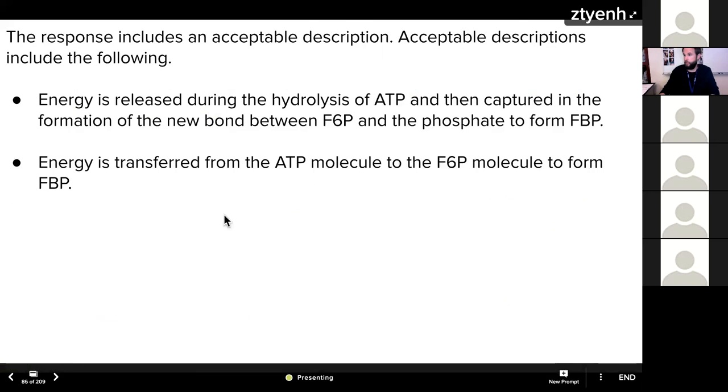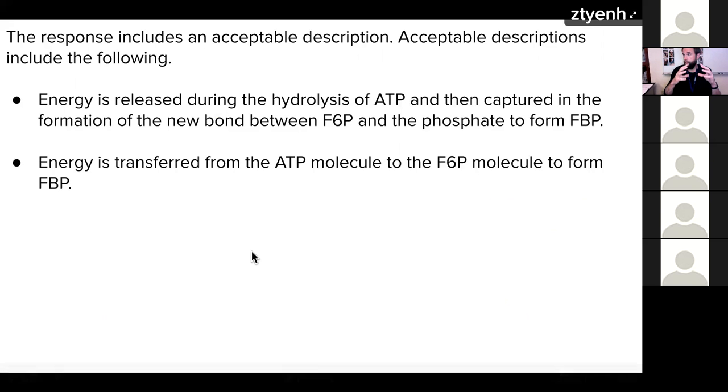So this might even be getting to the whole piece of the puzzle. Energy is released from ATP, captured in the formation of the new bond between F6P and the phosphate to form FBP. Or energy is transferred from the ATP molecule to the F6P molecule to form FBP.